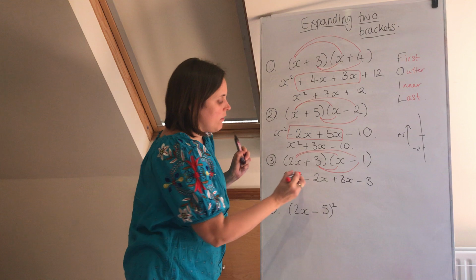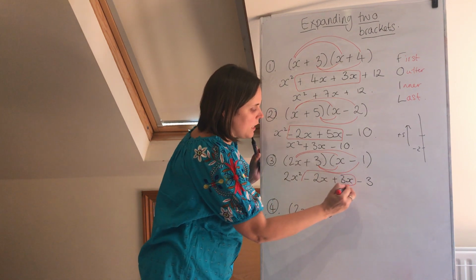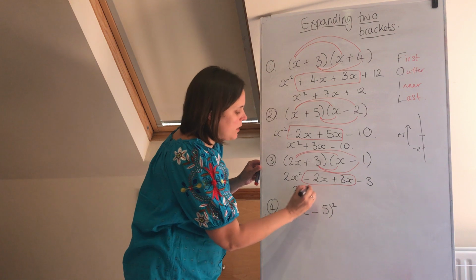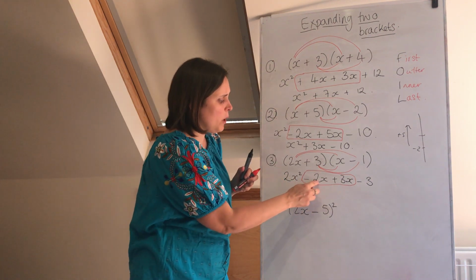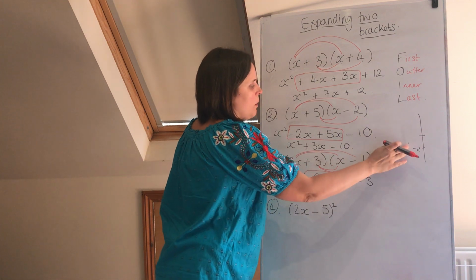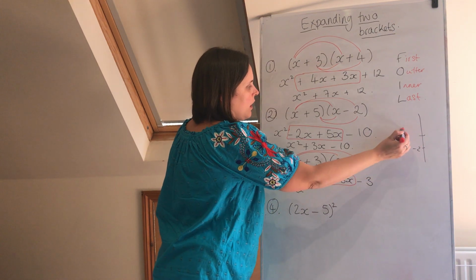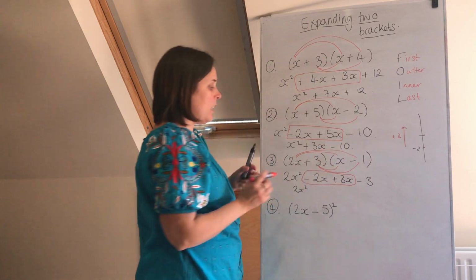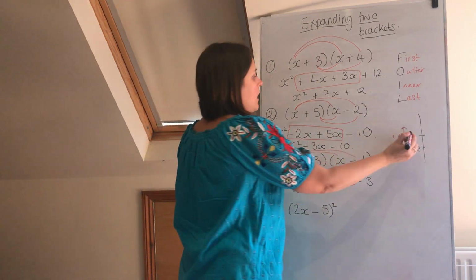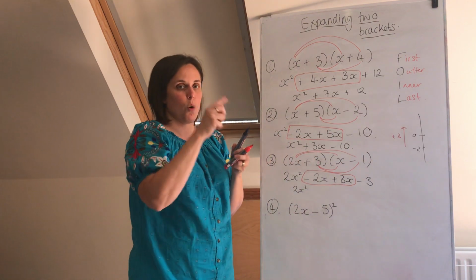Now, collecting together our like terms, again it's this middle section that we can collect together. So we've still got 2x squared, but this time we've got minus 2x plus 3x. So this time we're at minus 2 and we're going to add 3 on. Where does that get us? Well, 2 will take us up to the 0 here, and then we've got one more to go.